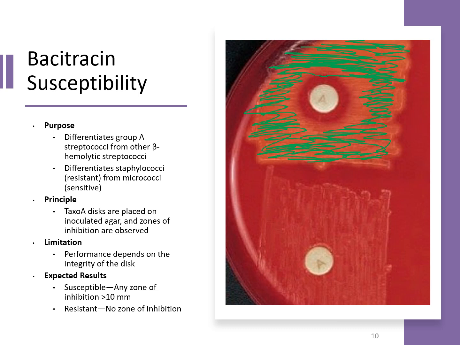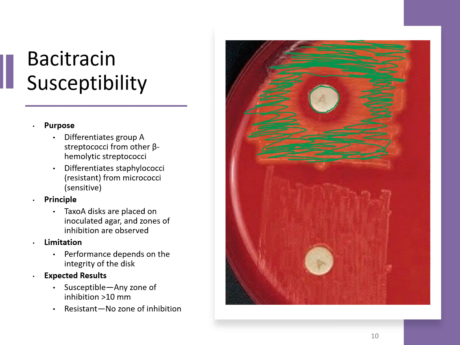Once you've inoculated it, you would place a paper disc that has the antibiotic impregnated inside of that disc onto the plate. You would incubate this plate overnight or 18-24 hours to allow that organism to grow.